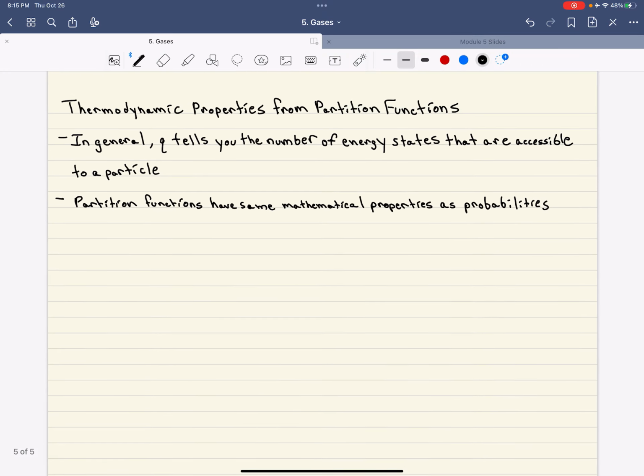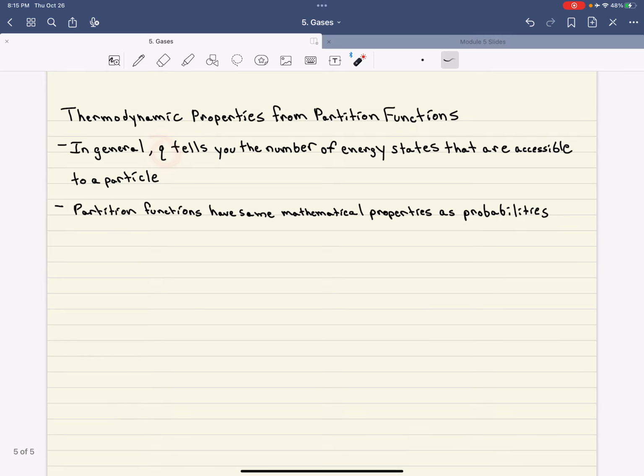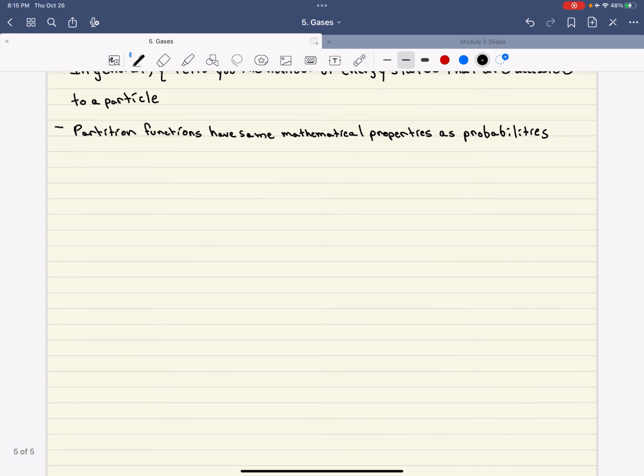But the lowercase q that we defined here was the partition function for an individual particle. If we're dealing with a system of n independent particles, we could also define the total system partition function.